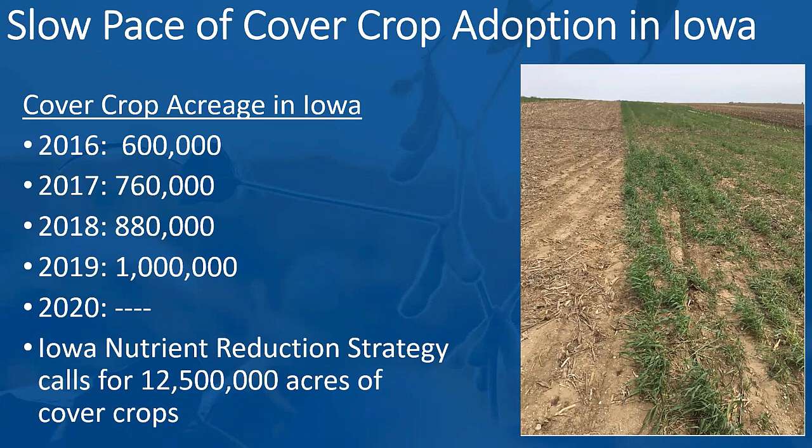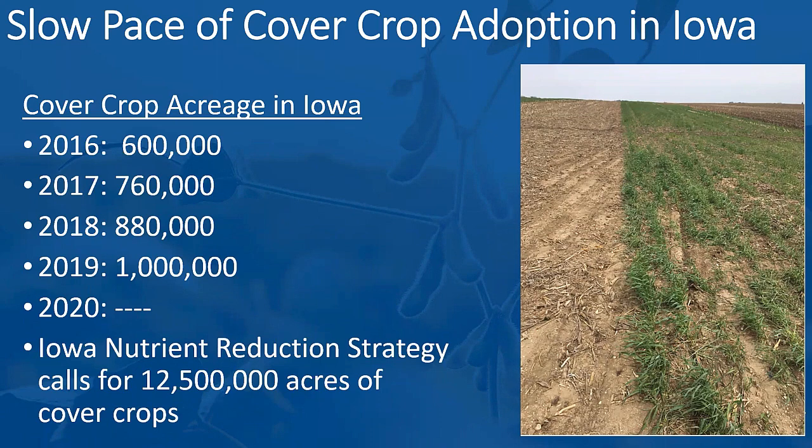It depends who counts, but this is still relatively small compared to what the Iowa Nutrient Reduction Strategy called for: about 12.5 million acres of cover crop to reduce nitrogen and phosphorus loads by 45%. There are a lot of reasons why the adoption is slow. It's management, weather, geography, machinery, and also economics.